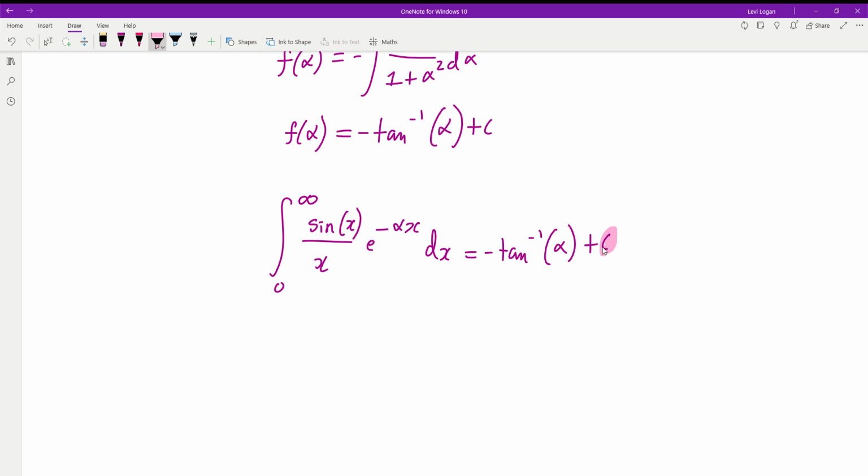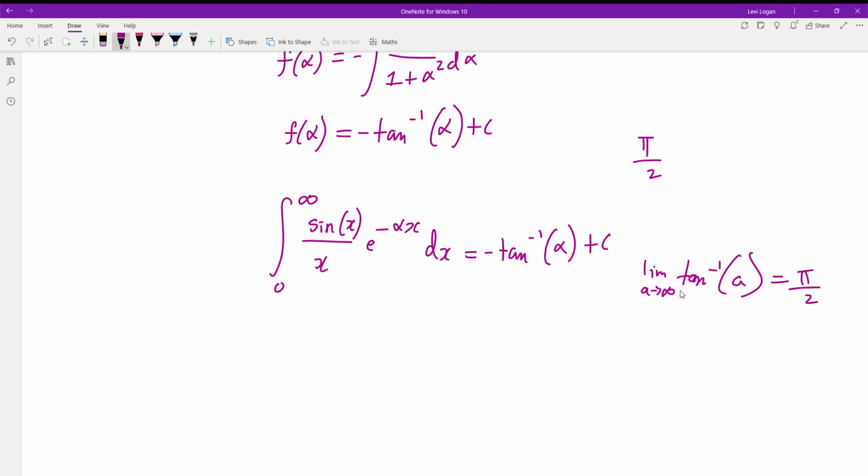Now, you're probably thinking, what numbers can we plug in to work out what c is? Well, if you recall, if you put in a really large number into here, you're going to get pi over 2, because tan inverse of a really large number will approach pi over 2. If the limit was as a approaches infinity, this tan inverse of a would be equal to pi over 2.